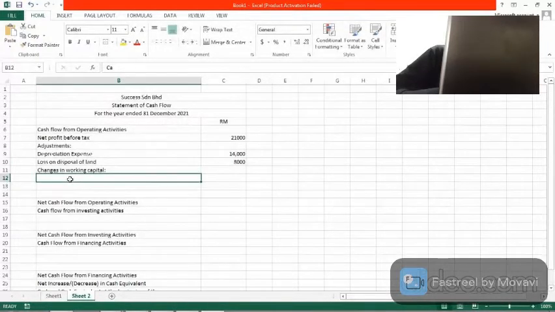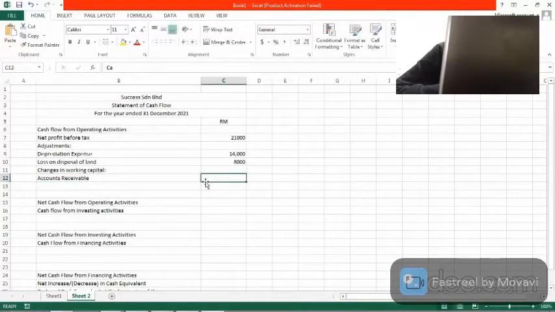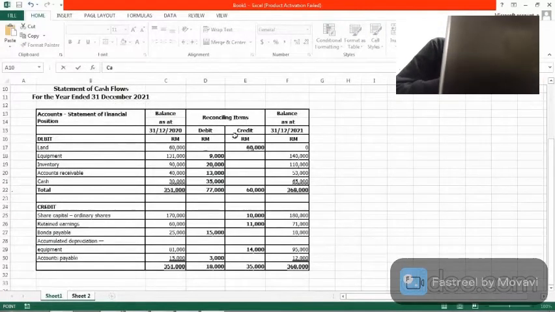The next step is to identify changes in the current assets and current liabilities excluding cash and bank balances. For this part, an increase in current assets will be deducted while a decrease should be added. For current liabilities, vice versa. So here, an increase in accounts receivable, we can directly see the amount from the reconciling items part here.